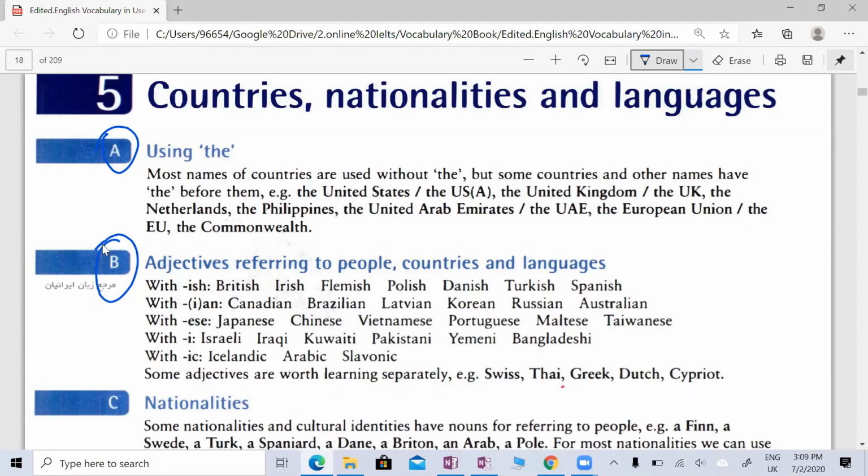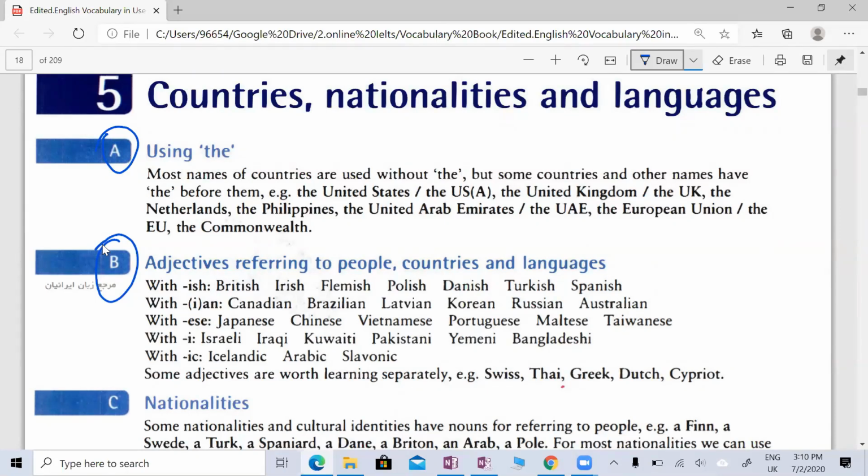Next one is with I, like Israeli, Iraqi, Kuwaiti, Pakistani, Yemeni, Bangladeshi. Then comes IC, like Iceland is the place, and the people are called Icelandic, or the language they speak is Icelandic, or Arabic, or Slavonic.